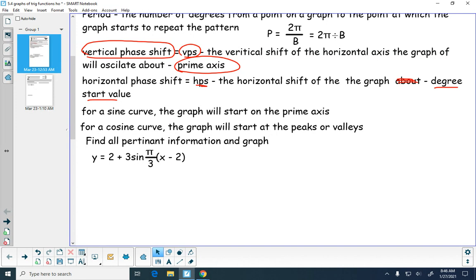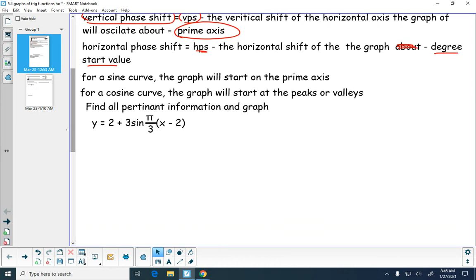So we want to find all of our pertinent information so we can graph. We have y equals 2 plus 3 sine of pi over 3 times x minus 2. So we have the amplitude, period, vertical and horizontal phase shift.